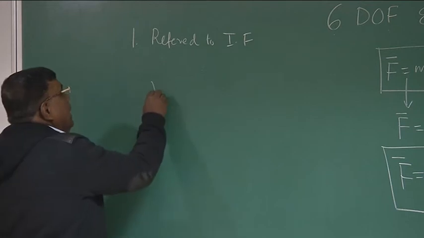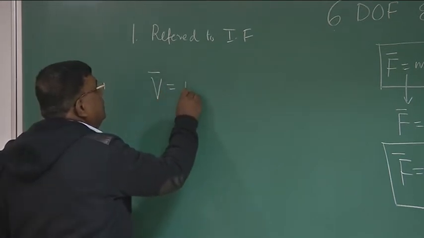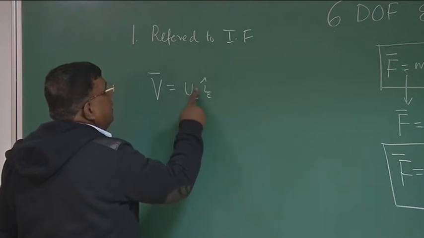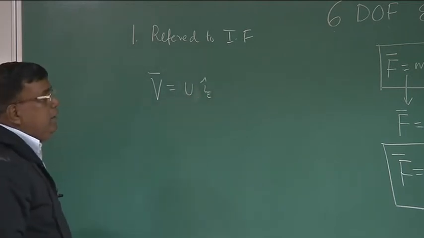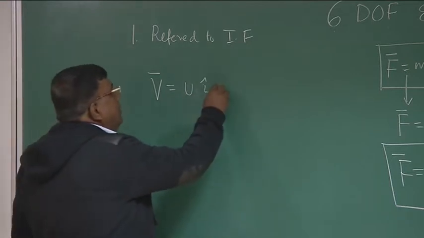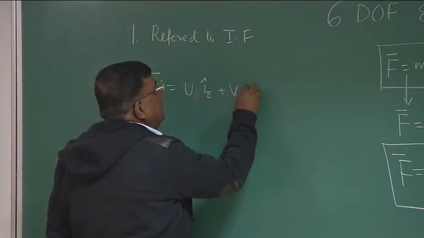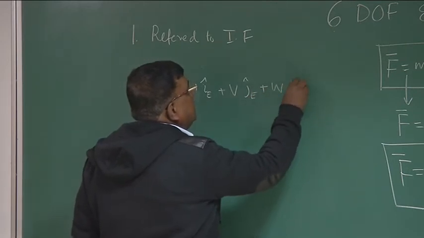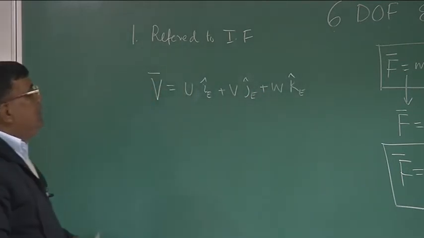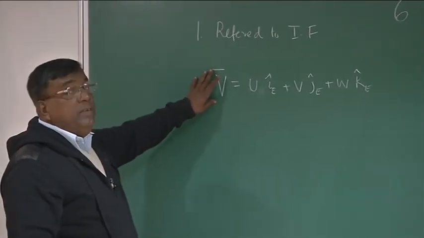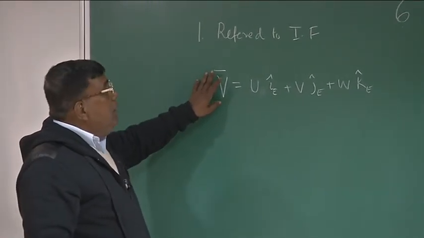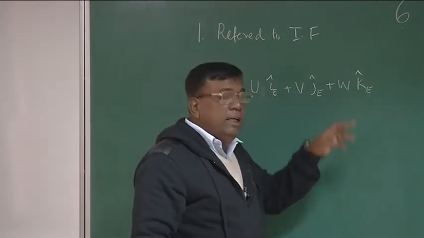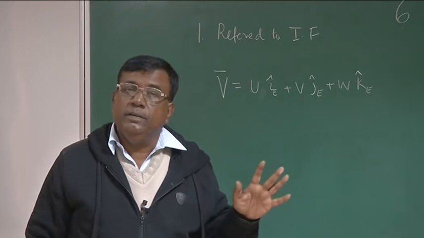So now I can write V as U i earth plus V j earth plus W k earth. What is the meaning of this? I am resolving V, the total velocity, along i, j, k of the inertial frame of reference, correct?